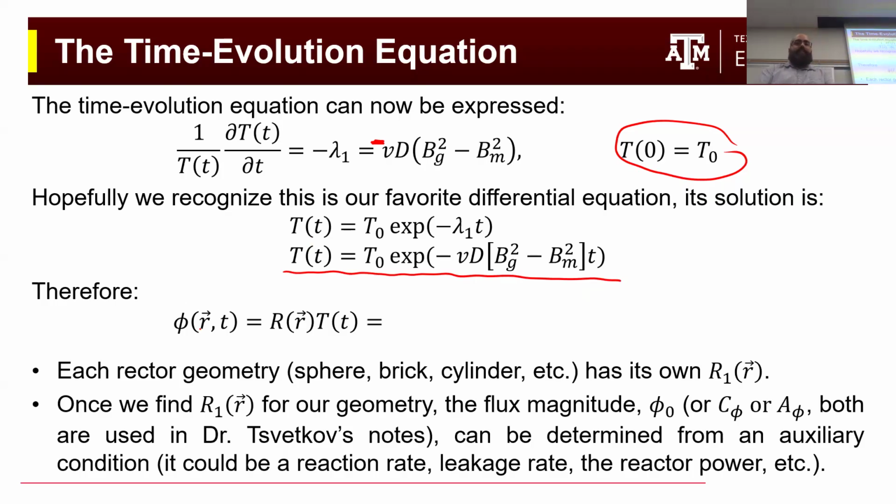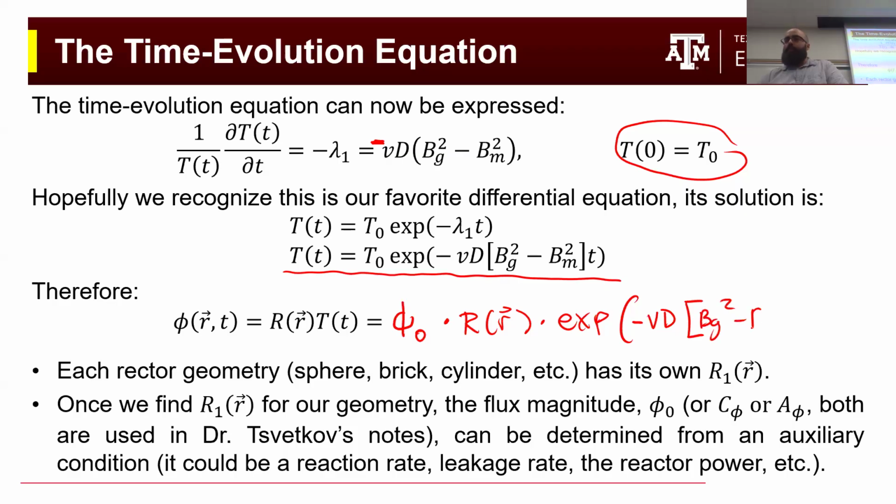So now we can say that this scalar flux is going to be this spatial shape function, and I'm going to throw a constant up front now. So I'm going to have a flux magnitude up front times that shape function, and then times this time evolution function, which has an exponential of negative v times D times the quantity B_g squared minus B_m squared. And then that is a time function, so I have a little t for time inside of that exponential.